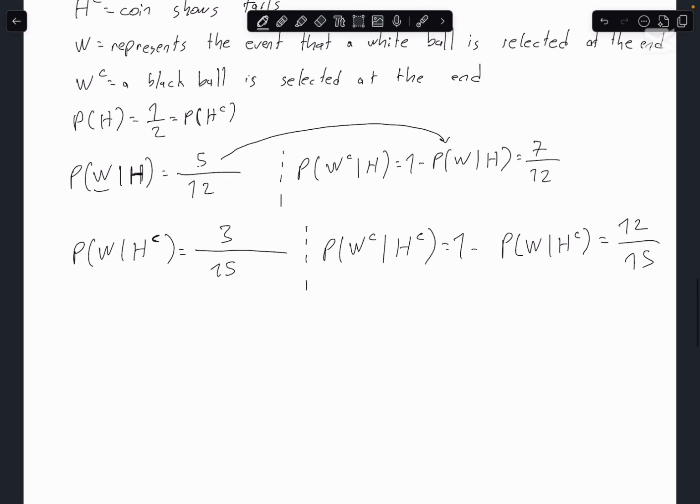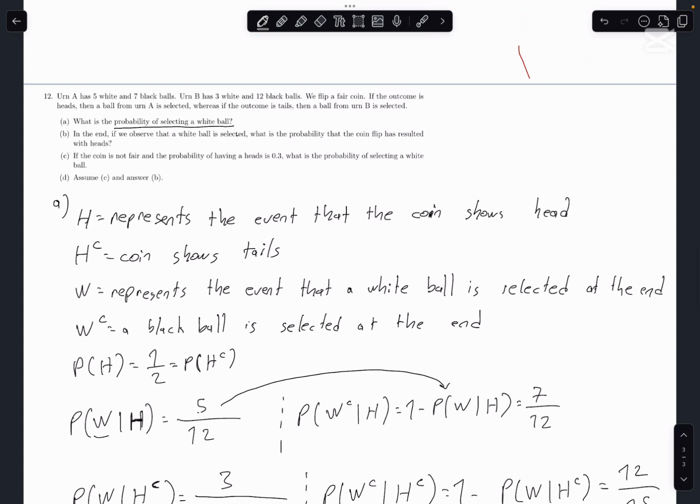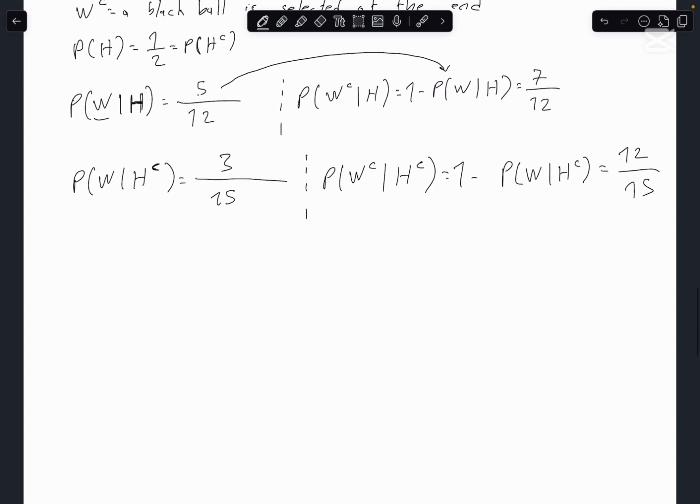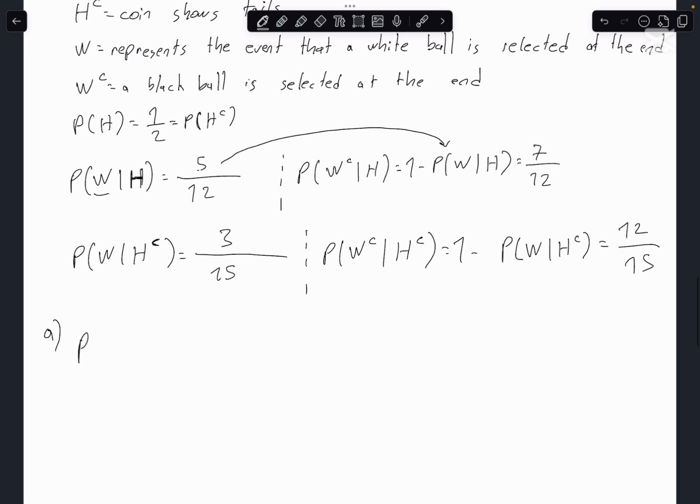Okay, so in section A, it says what's the probability of selecting a white ball. Let's calculate. Actually, let's delete this A. Let's calculate the probability of white. Let's open it up first.